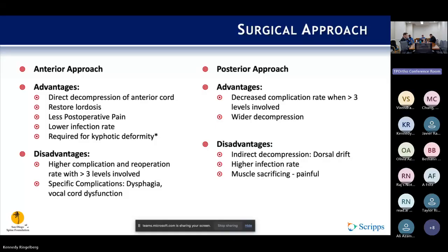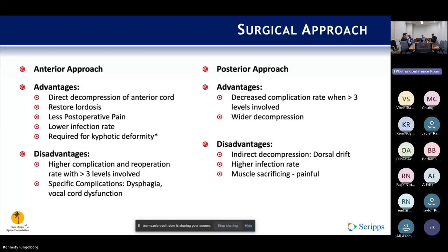I do put an asterisk there because it has been described that if the kyphotic deformity is flexible and you're able to reduce it basically without doing any significant work, or on extension views, they can potentially just get a posterior fusion and that will be sufficient.